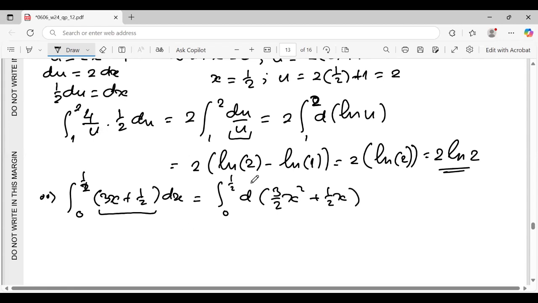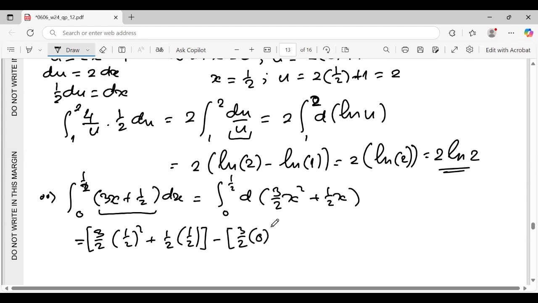After that, substitute 1 half and 0 into this expression: 3 half times 1 half squared, 1 half times 1 half, minus 3 half times 0 squared, 1 half times 0.